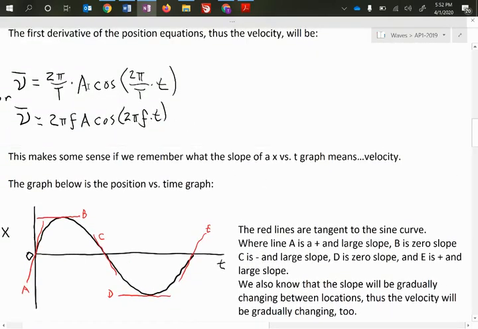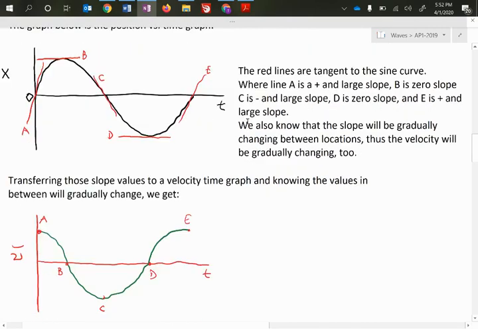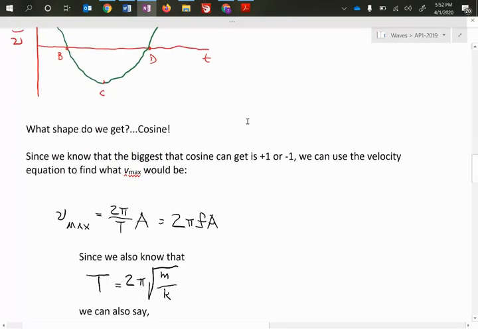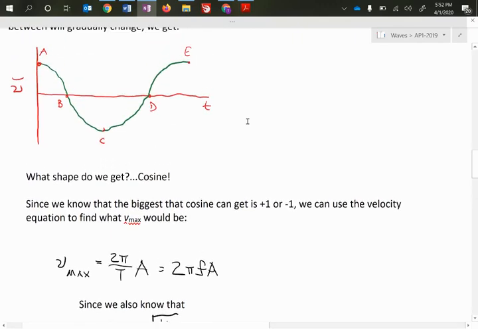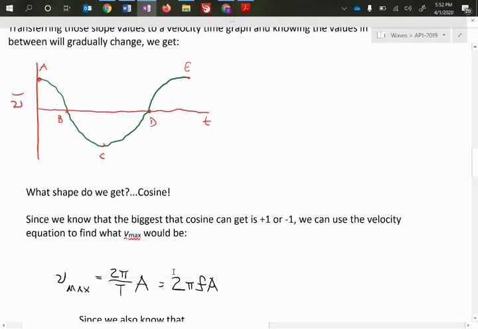If the biggest that this can be is 1 or negative 1, that must mean that the biggest the velocity is going to get is either positive 2 pi over period times amplitude, or negative 2 pi over period times amplitude. Or in terms of frequency, it would be 2 pi frequency times amplitude. So this would be velocity max.